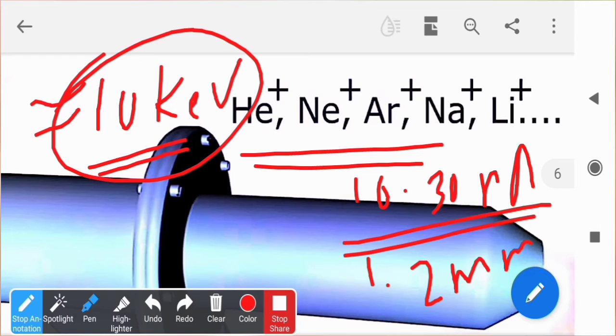Typically helium is used for the analysis. Ions from inert gases as well as from alkali metals like sodium and lithium can also be used. The source for the metals is different, for example sodium, lithium or potassium.